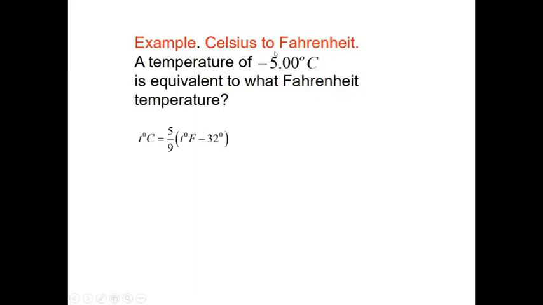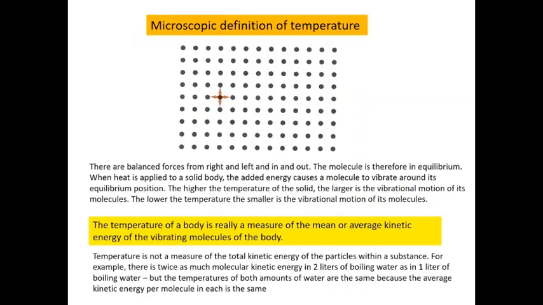It's given T in degrees Celsius, and you should find T in Fahrenheit by using this formula. You can find the solution of this example in your textbook. Now let's talk about the fundamental definition of temperature, the microscopic definition of temperature.